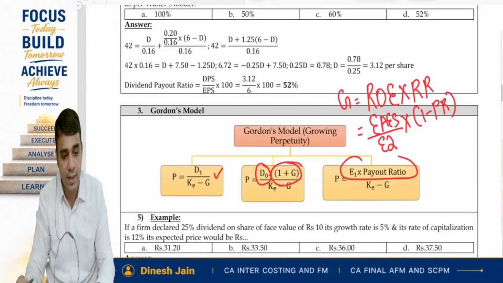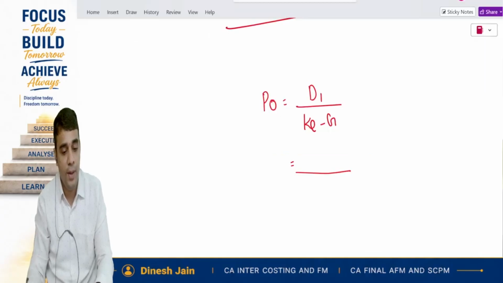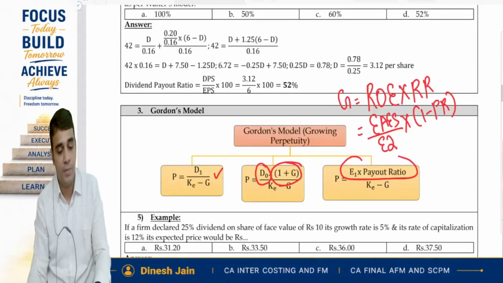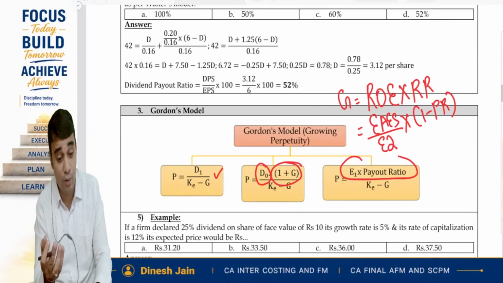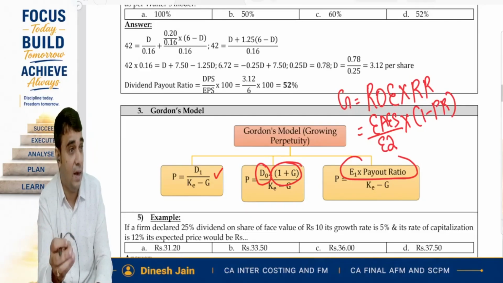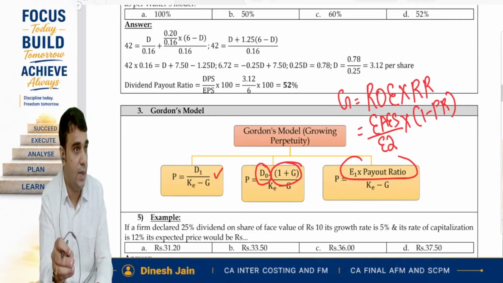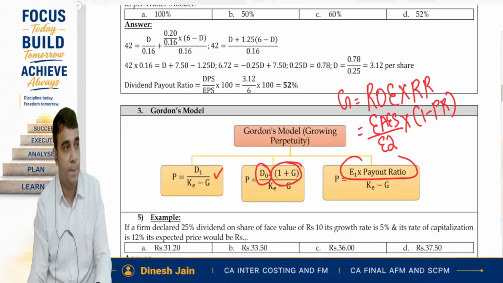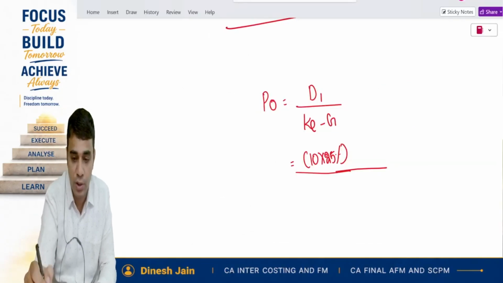And what's the dividend declared? 25%. 10 into 25% is 2.5. Assuming it is declared now, it is called D0. Add the growth rate for the next year, but consistency will not be there in this part. D0 versus D1. Into what is the growth rate we have?